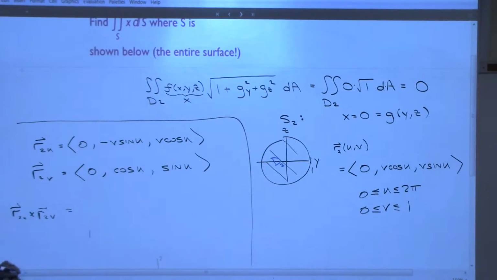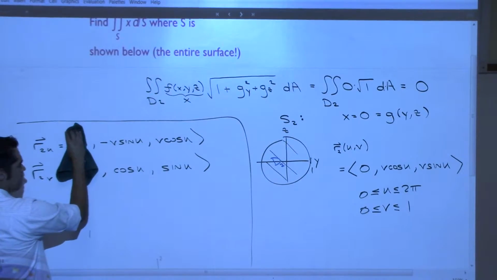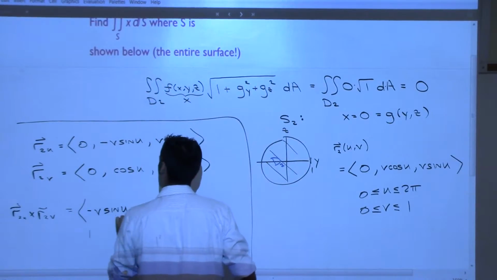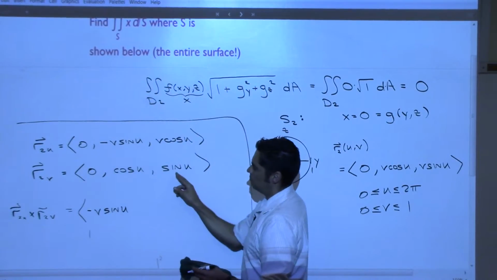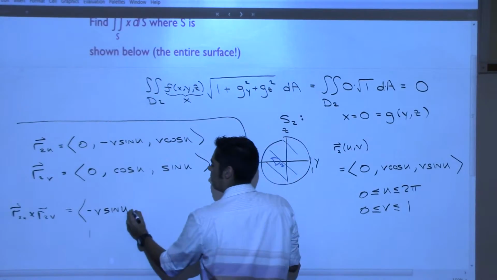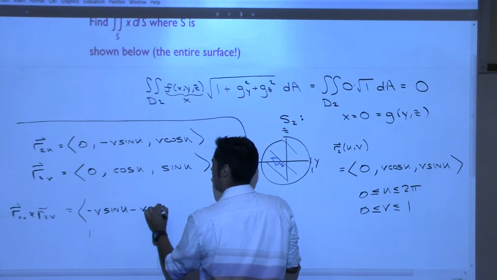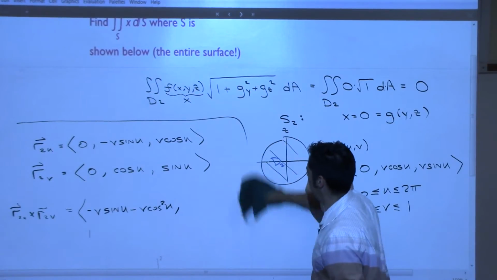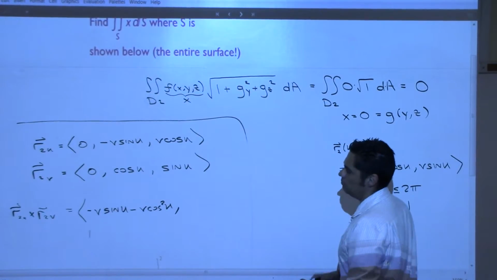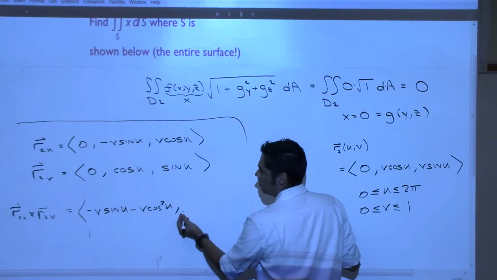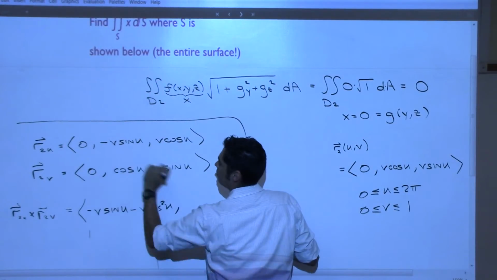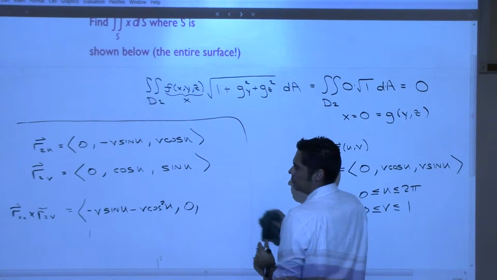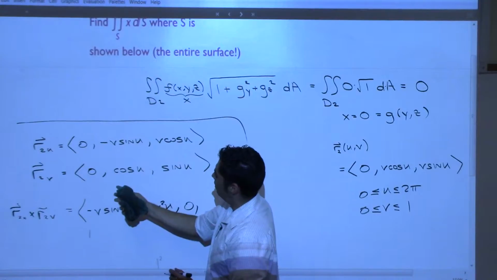Cross them. So here, what do we get? Negative V sine squared U minus V cosine squared U. I'll take care of that on the next step. Next part: 0, then I did this one, 0, 0.